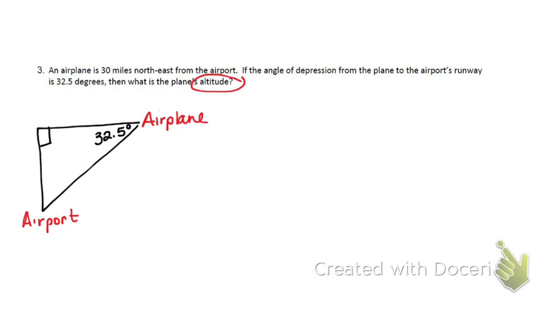And it's 30 miles northeast. So that's my hypotenuse because it has 2 directions, not just north, not just east, but northeast. So that 30 would go here. Altitude is the height, and that is this x.